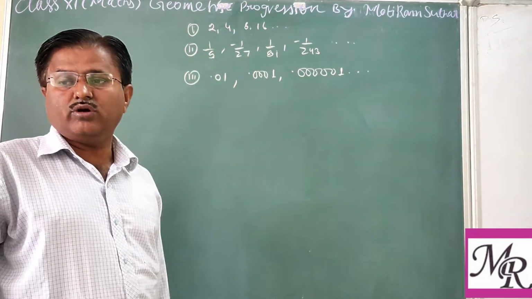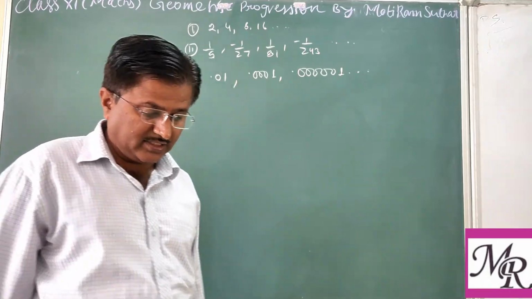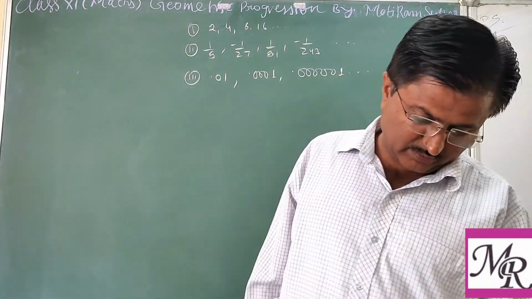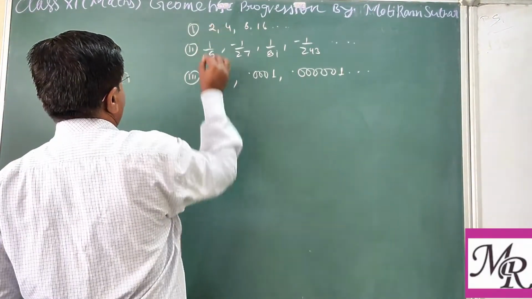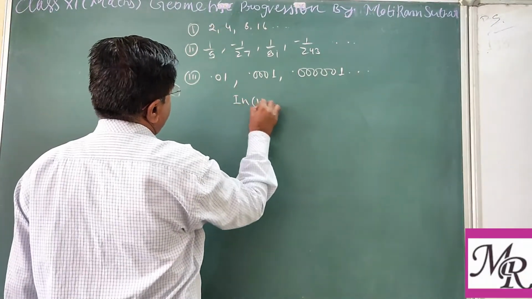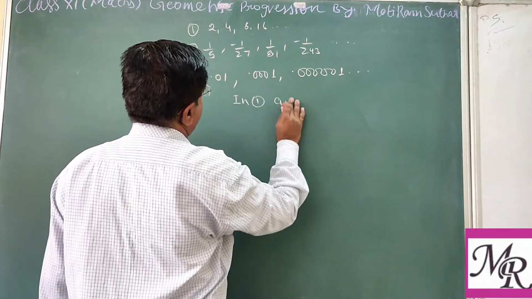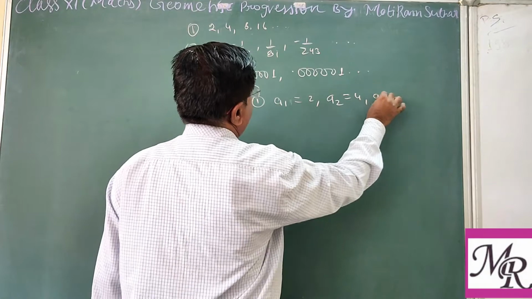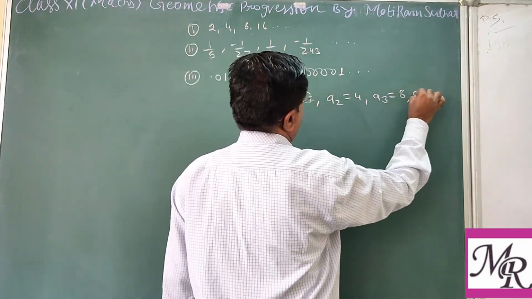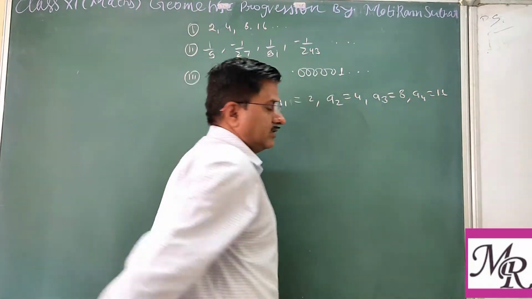So we try to understand the relationship between the terms. Here in the first, A1, that is the first term, is 2, A2 is 4, A3 is 8 and A4 is 16.